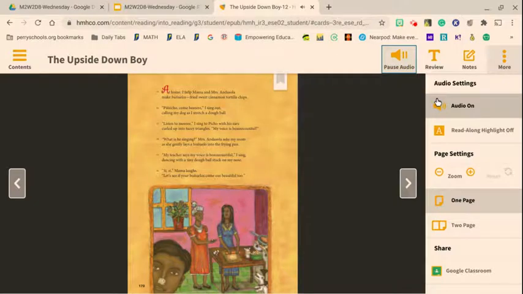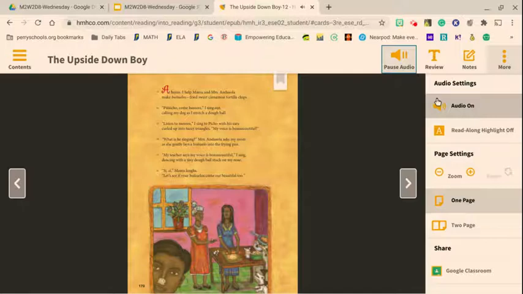At home, I help Mama and Mrs. Andasola make buñuelos, fried sweet cinnamon tortilla chips. Picho, come here, I sing out, calling my dog as I stretch a dough ball. Listen to me, I sing to Picho with his ears curled up into fuzzy triangles. My voice is beautiful.